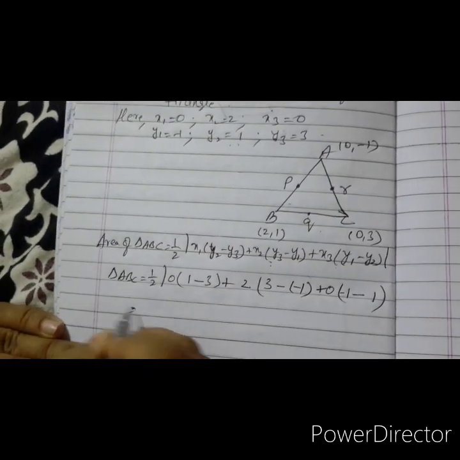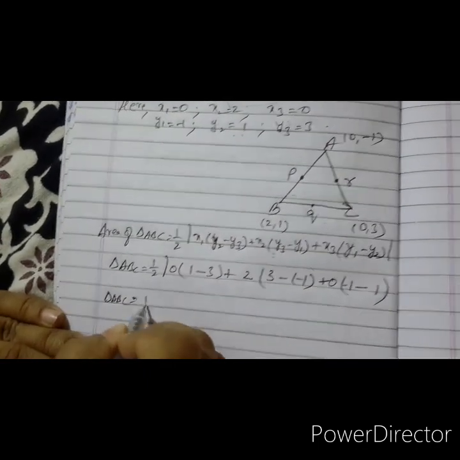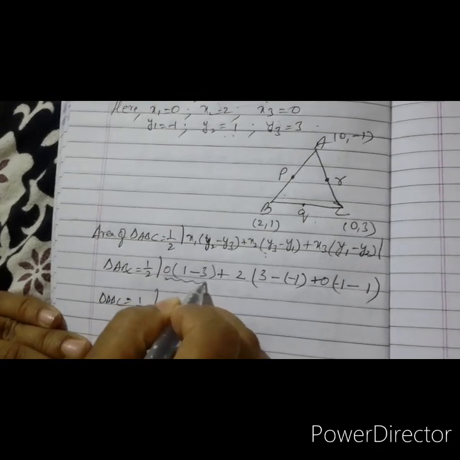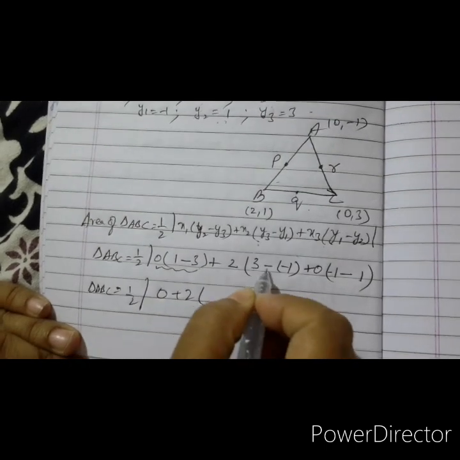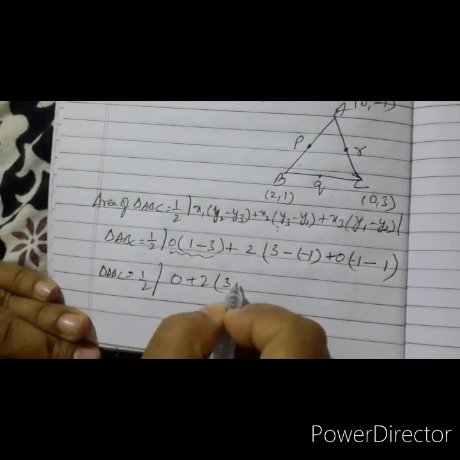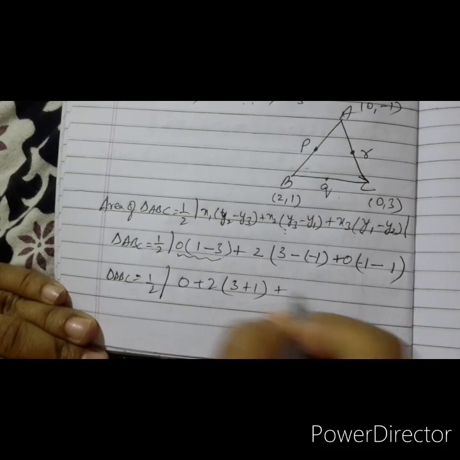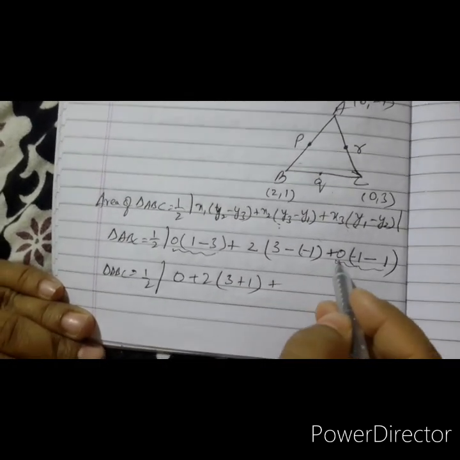Now the area of triangle ABC is half. This is 0 into 1 minus 3, completely 0. Plus 2 into 3 minus of minus 1, so it becomes 3 plus 1. Plus this is completely 0, because 0 is multiplied.